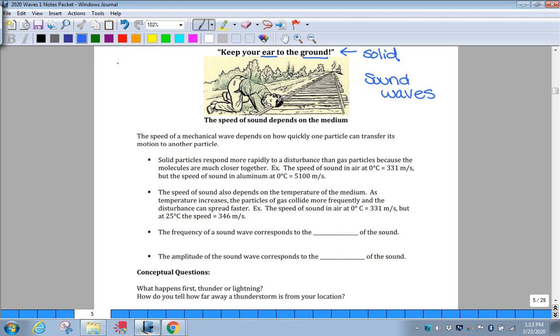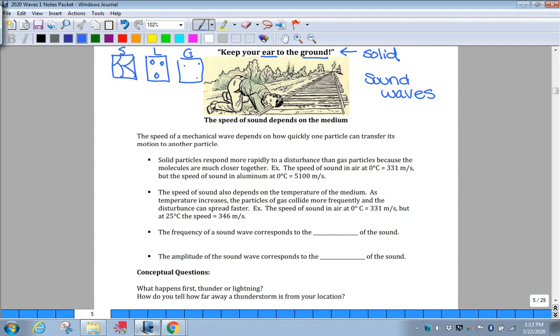Okay, so sound waves traveling through different media. Think about the difference between a solid, a liquid, and a gas on an atomic level. If you picture a solid, you should think of very tightly packed molecules all together. Liquid, there is more space between them. Gas, it's almost completely empty space.